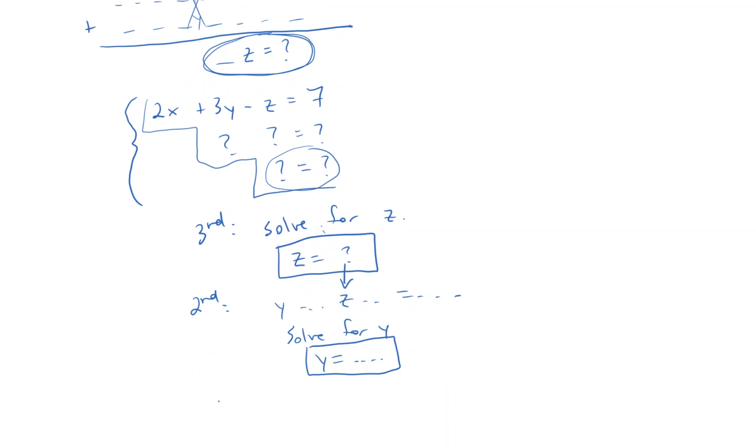Once you know z and y, take your first equation, which I can write down because that was given to us. It never changed. And then you're going to plug your z value in that you know, and you're going to plug your y value in that you already know, and you're going to solve for x.